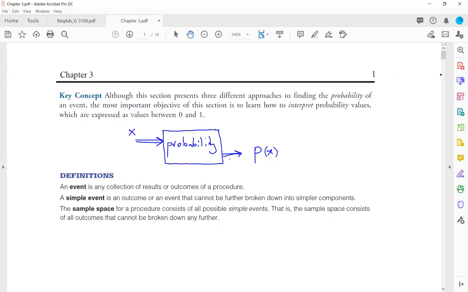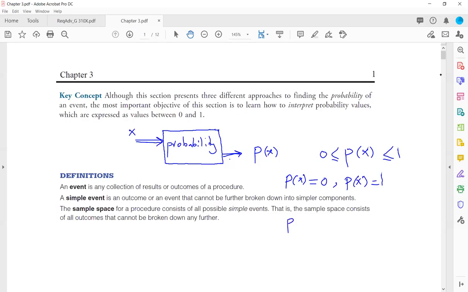The most important characteristic of this function is the outcome values are numbers between 0 and 1 inclusive. So it means that you can have probability of x equal to 0, probability of x equal to 1.